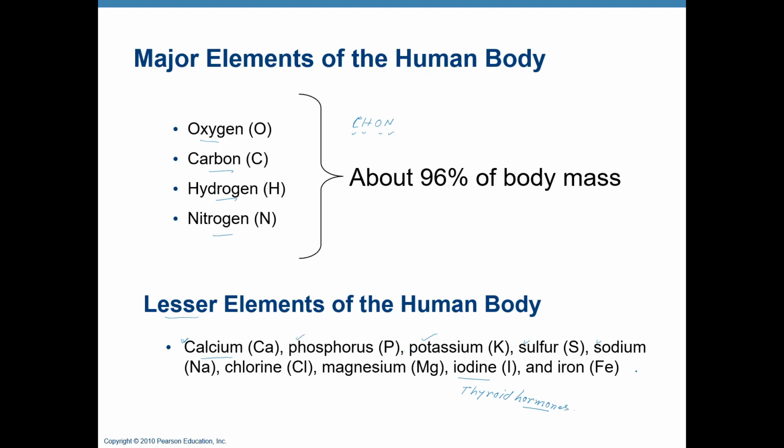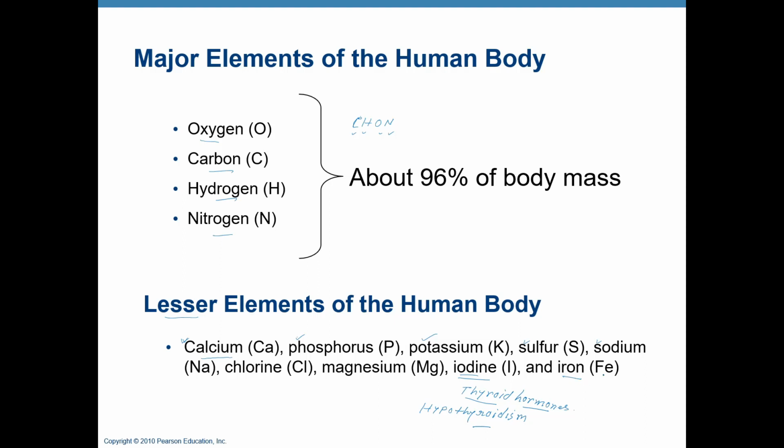If the thyroid hormone is less produced in the body, that will lead to hypothyroidism. It is a clinical condition. If the thyroid hormone amount is more, that is hyperthyroidism. That is also not good. So you see, normal amount of iodine is very important for your body.